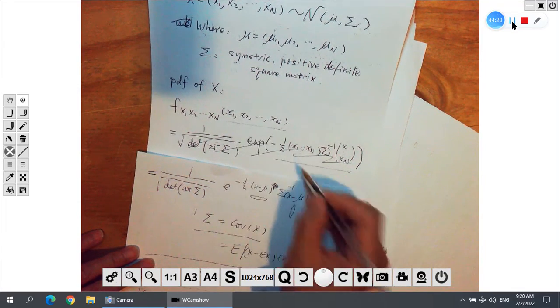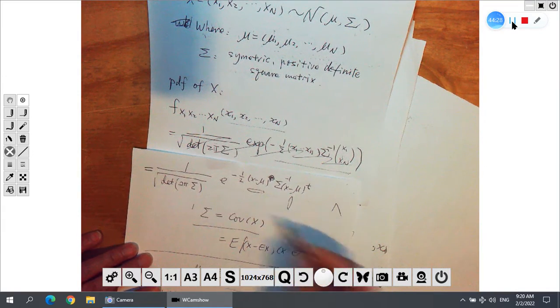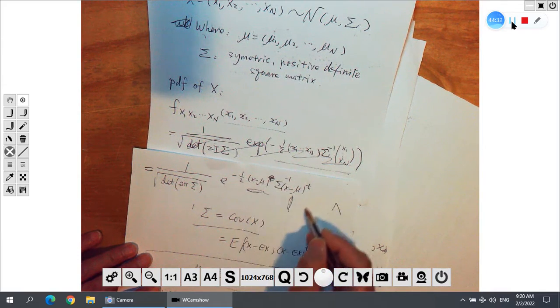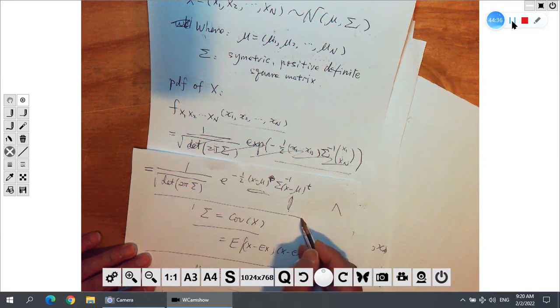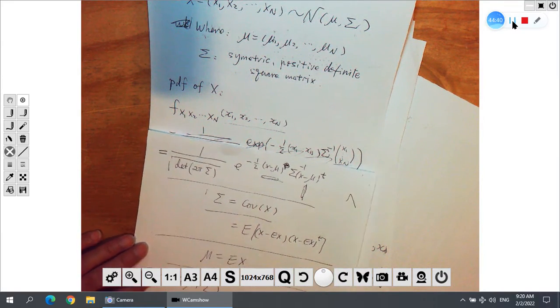Okay, it's like this. It's a row vector, this is a column vector, and overall it is a quadratic form. So we have this. This is the density function.